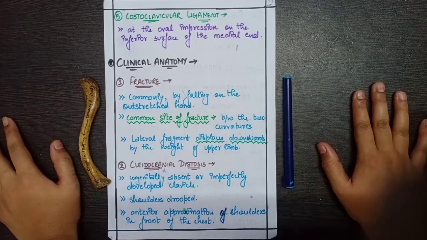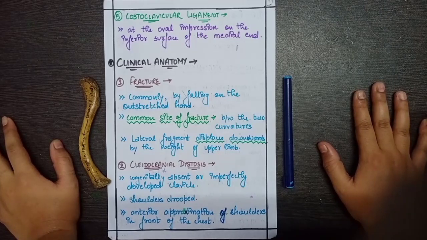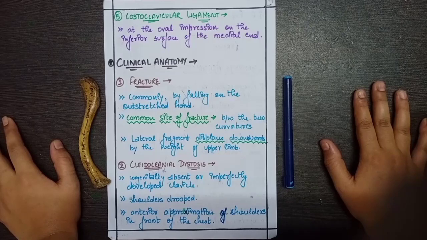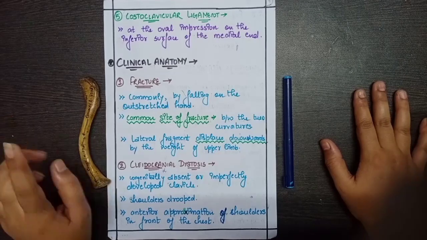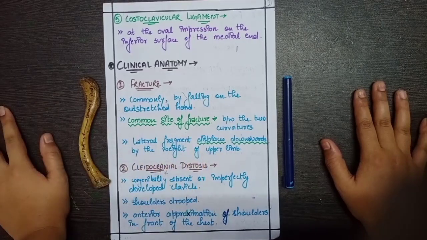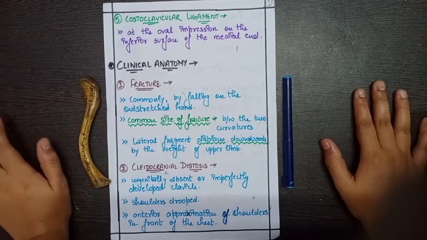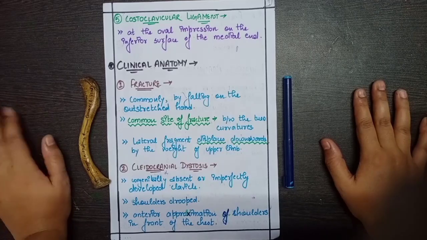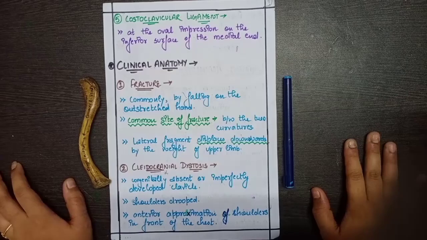Another thing that I wanted to tell you is I am going to upload separate videos on side determinations. Yes, I have already done side determination and features of clavicle, but again I'm going to make a separate video only for side determination for each bone hereafter. Why?